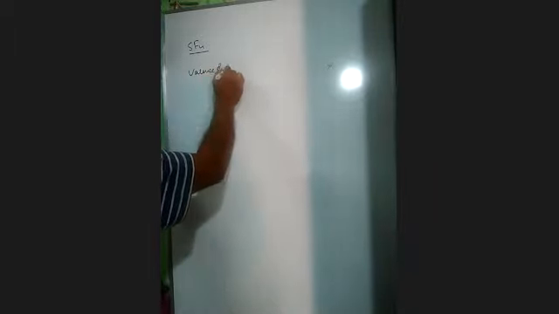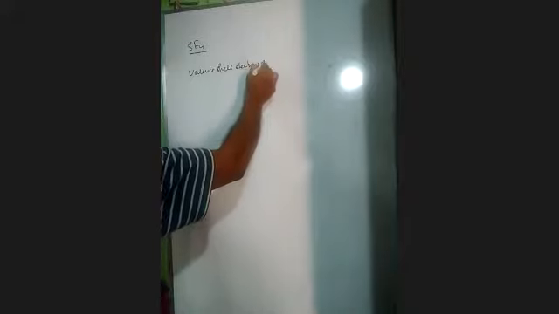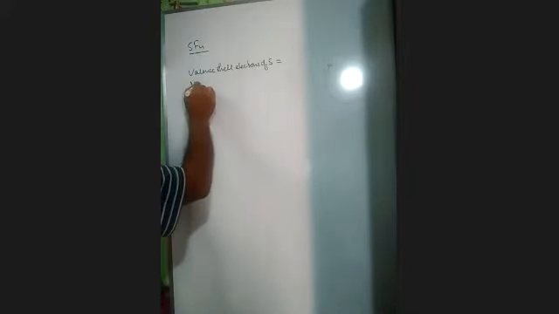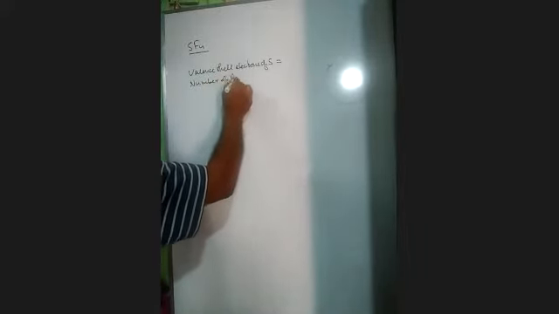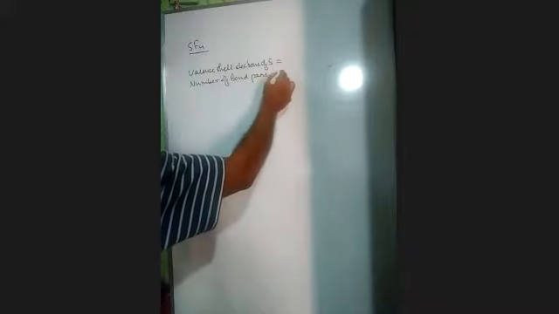Valence shell electrons of sulfur. You'll write it. Number of bond pairs.